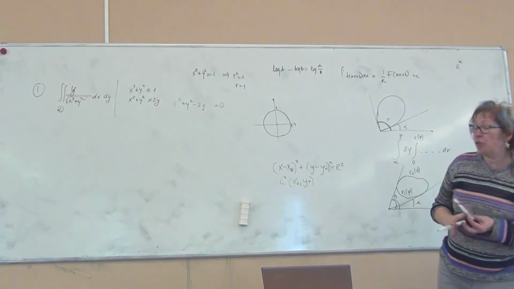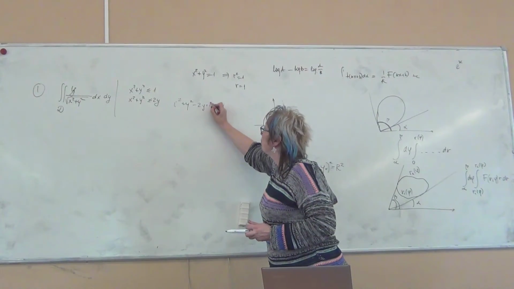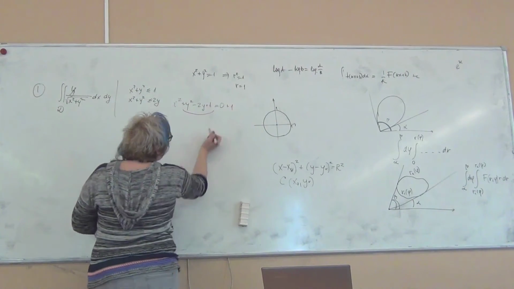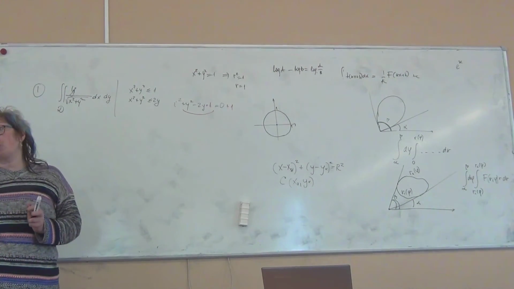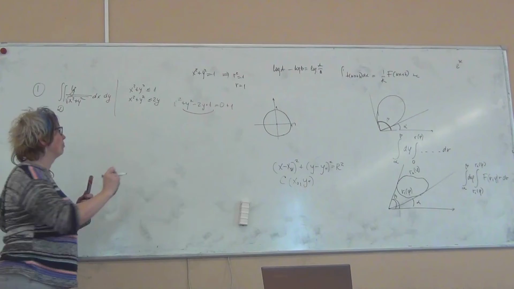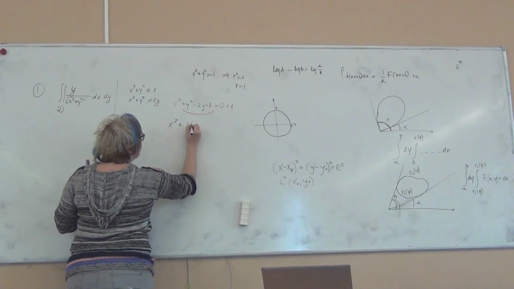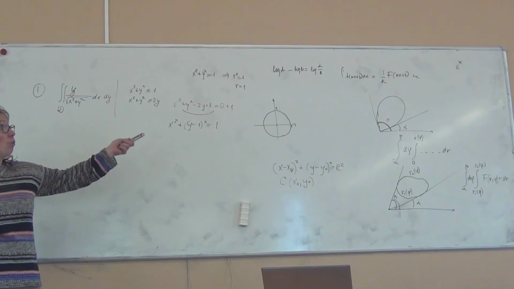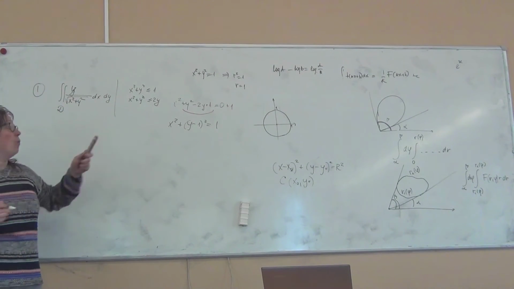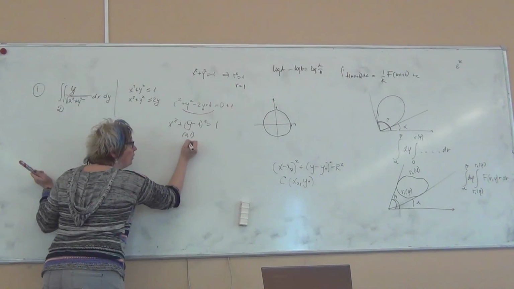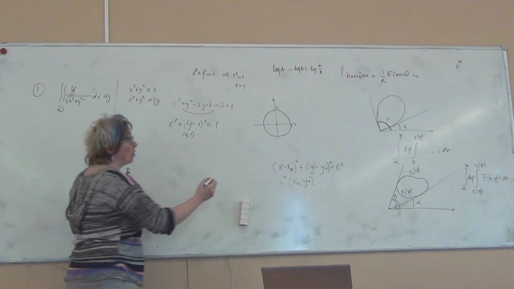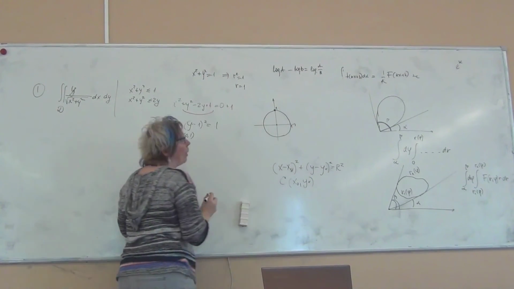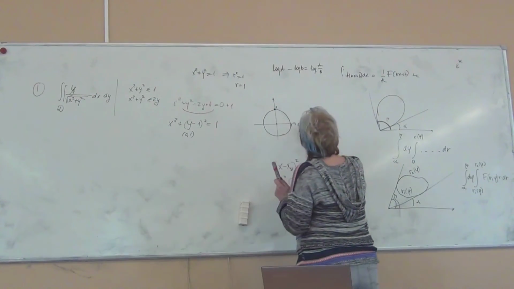So what I'm going to do is add 1 to both sides, which makes this a complete perfect square. X squared plus y minus 1 squared is 1. Now I know that this is a circle with the center at 0, 1, which is on the y-axis.